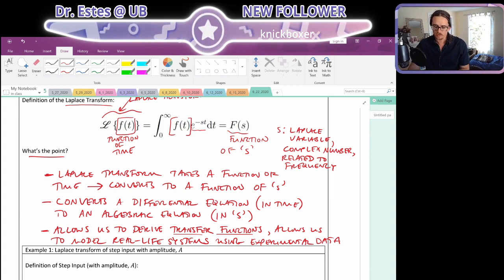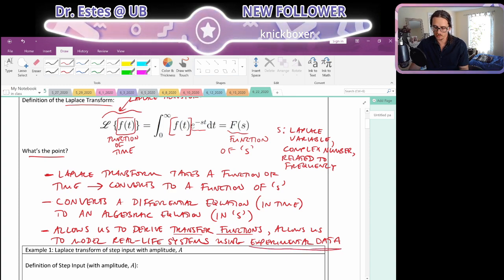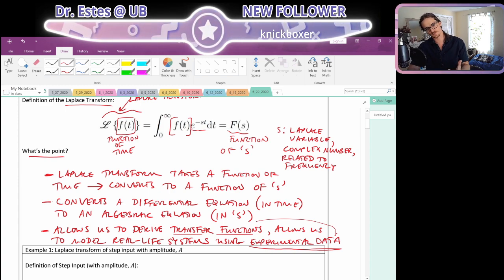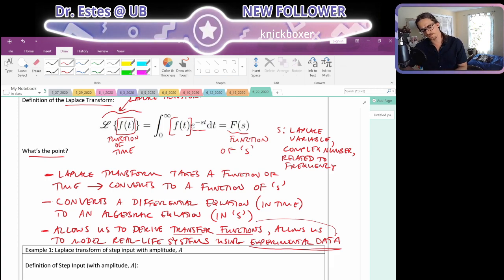It turns out it's not too difficult to take experimental data and fit that data with a transfer function. And a transfer function is a model for a dynamic system.